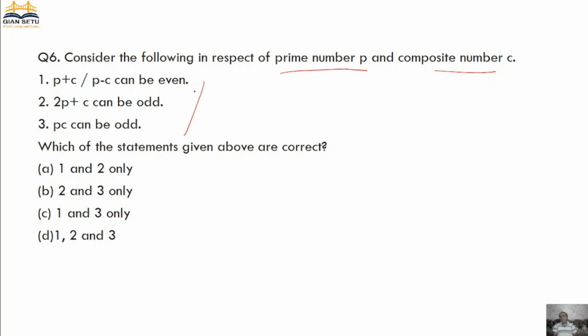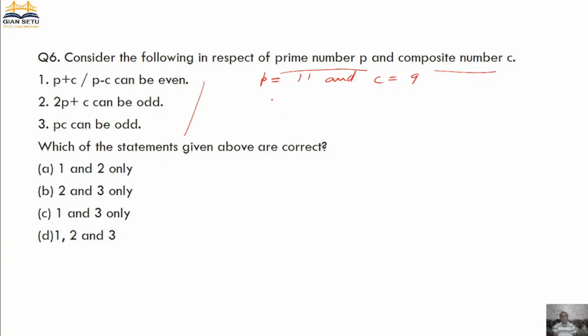Now here we can randomly take the values of p and c and we will try to prove that this statement is true. Now let's see statement 1. Suppose p is equal to 11, since p is a prime number, and c is a composite number, let's suppose it is 9.